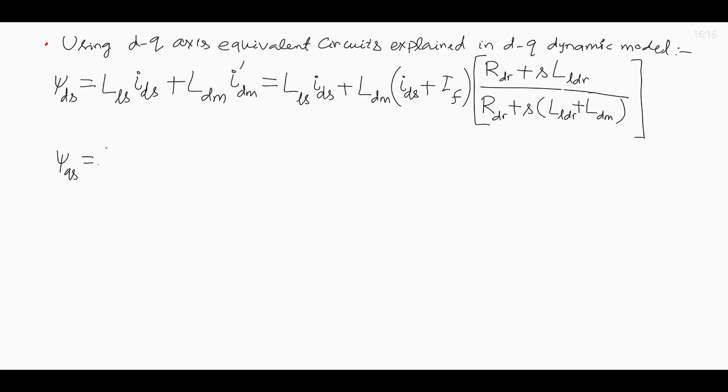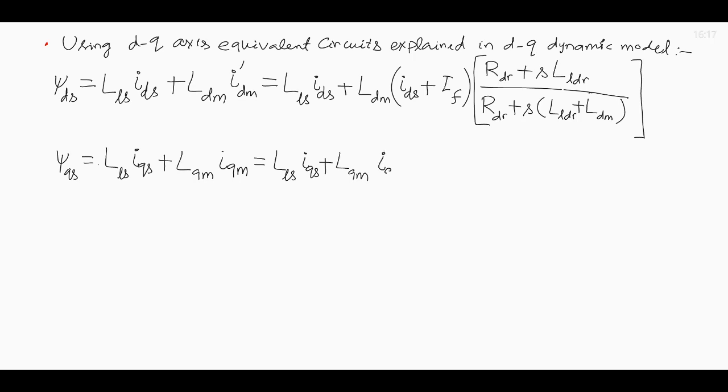And similarly, psi QS is LLS IQS, the leakage flux of the stator winding, plus LQM, mutual inductance along the Q axis, into IQM, and that is LS into IQS plus LQM, and IQM, what is that?